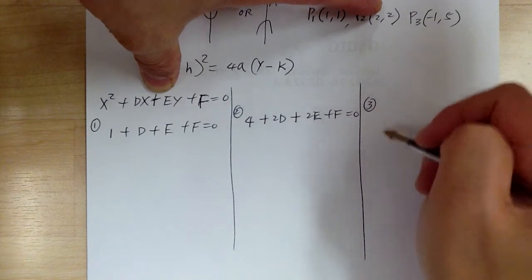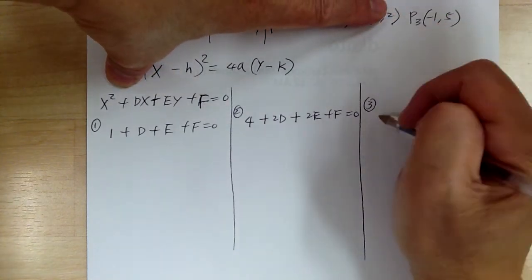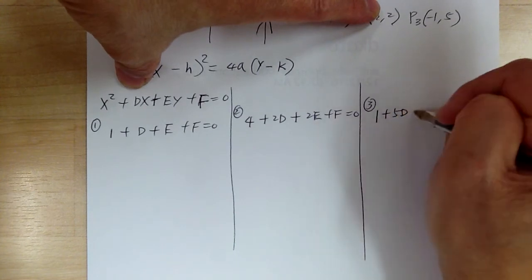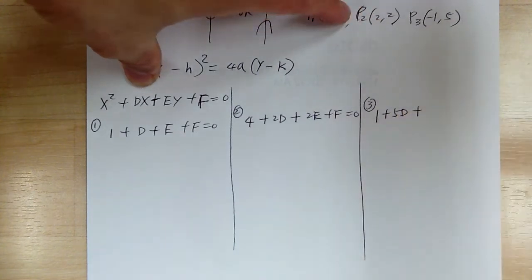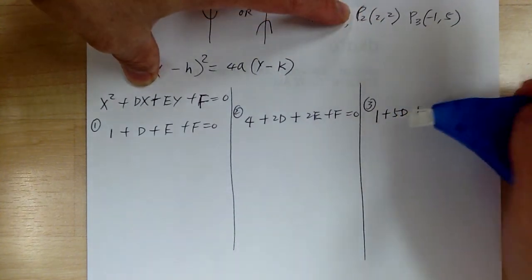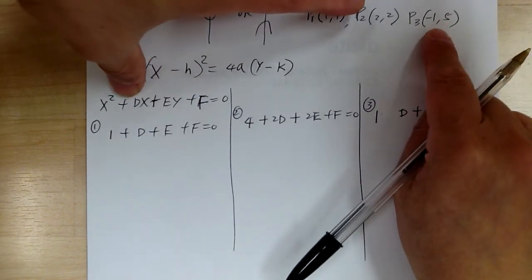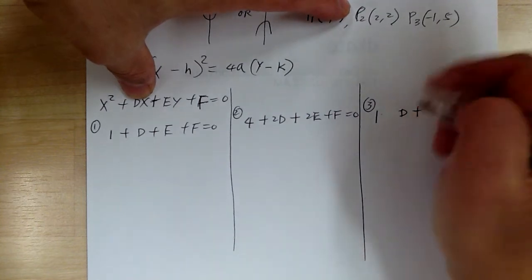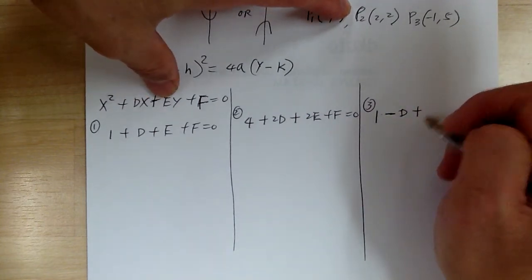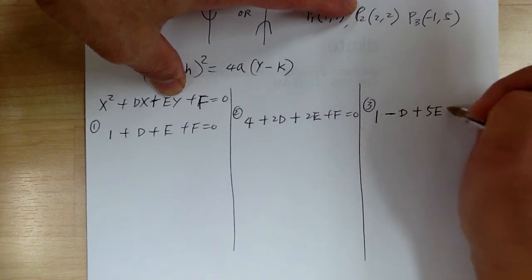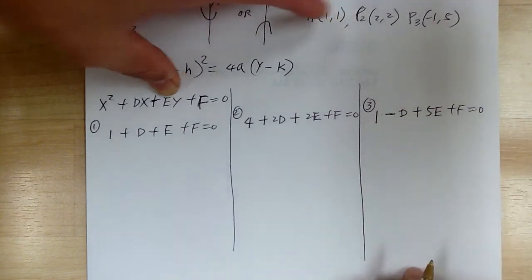And you get the third equation, -1, so you get 1 squared plus 5d plus, time out, this is not right. Okay, so x is -1, so minus d, and for the y it's 5, so it'll be 5e plus f equal to 0.